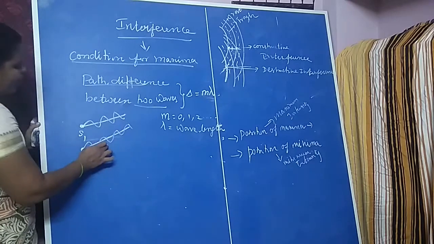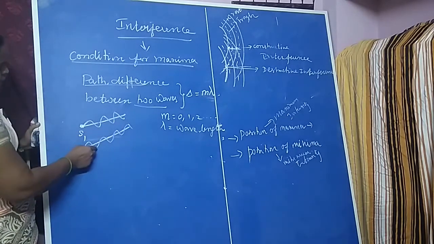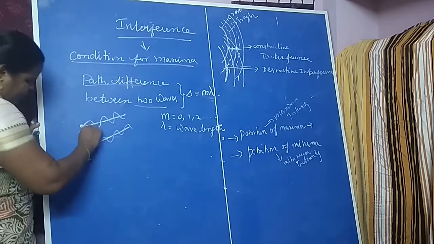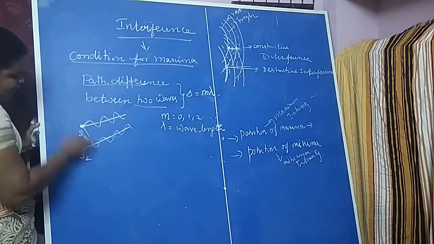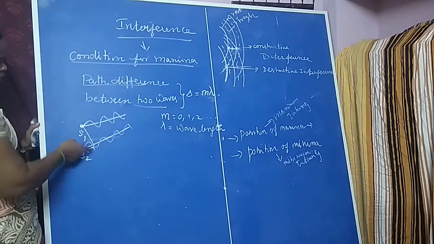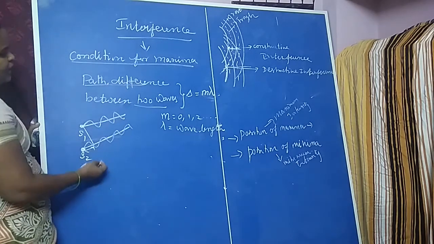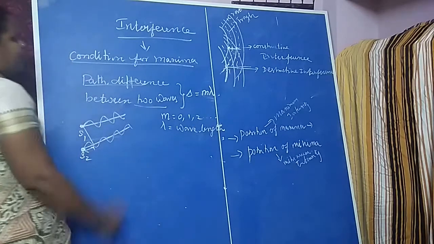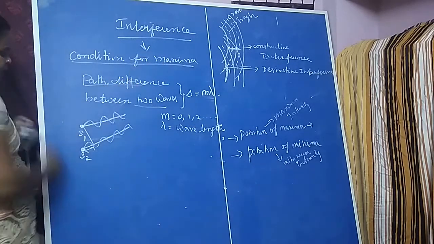So these two waves have a difference in the path travelled. It is obtained by drawing a perpendicular line from the first point. We get the extra path travelled by the second wave. By taking the difference between these two, we get the path difference. This path difference between the two waves should be equal to m lambda for maxima.